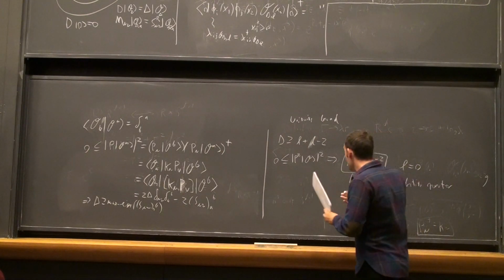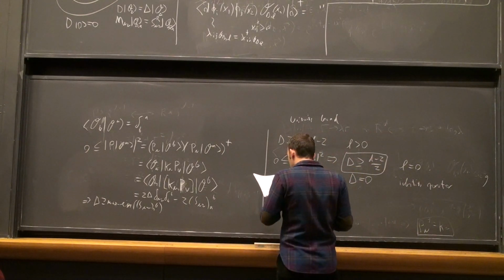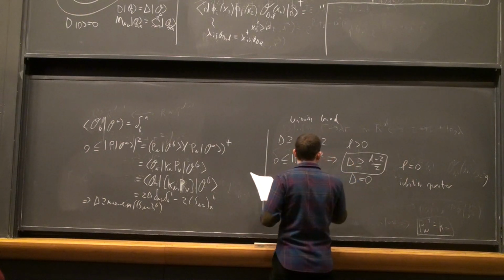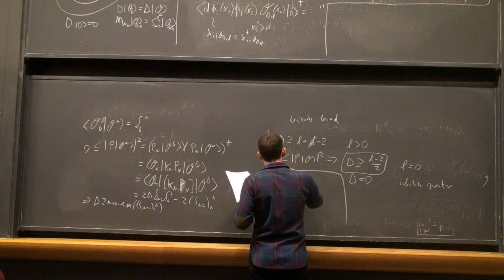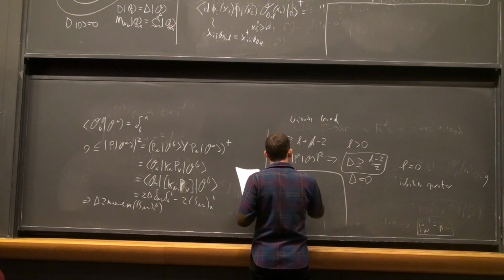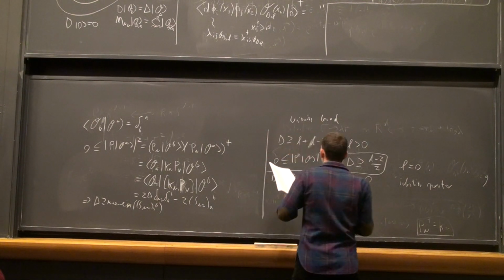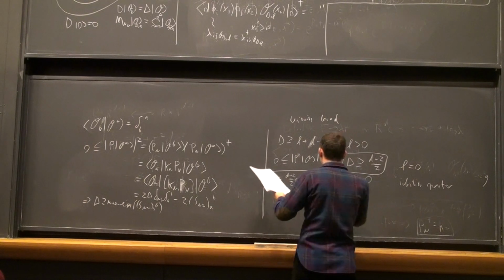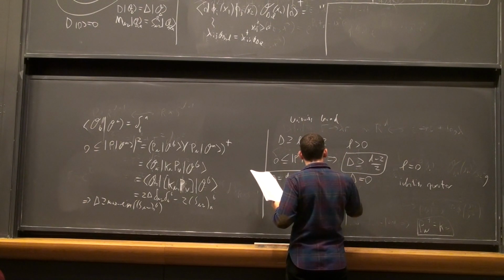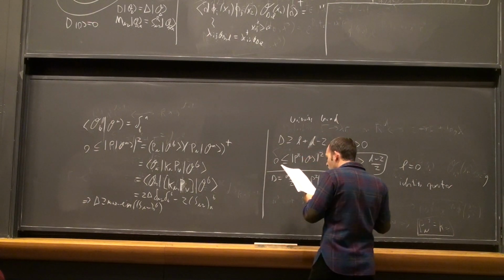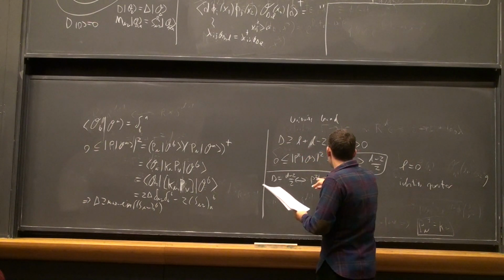Okay, so what happens when we saturate these bounds? Let's start with the scalar case. Let's imagine that delta equals (d minus 2) over 2. Based on this derivation, that implies that this norm just equals 0. So this means P squared acting on the scalar operator is 0. But what is P squared?